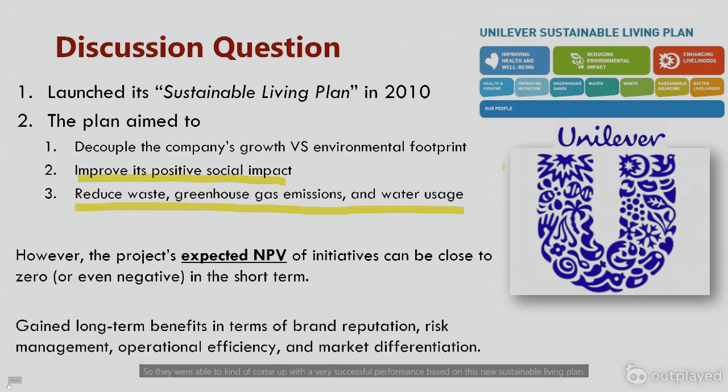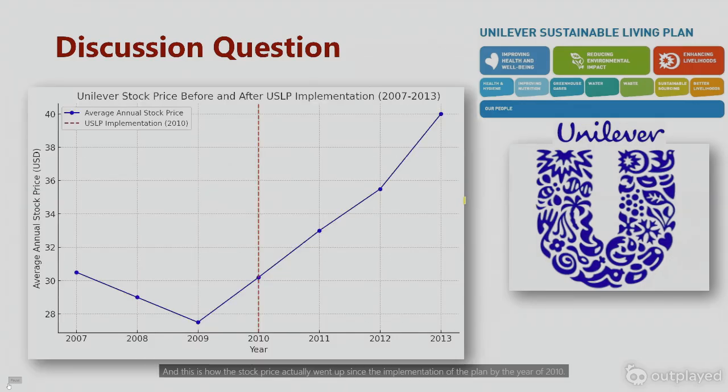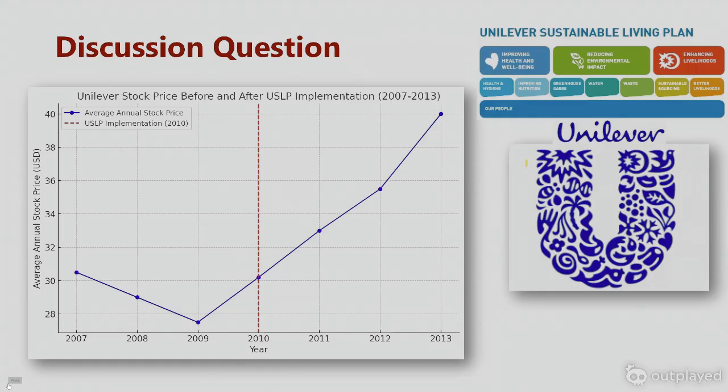They were able to come up with a very successful performance based on this new Sustainable Living Plan. And this is how the stock price went up since the implementation of the plan in 2010. You can see the stock price of Unilever actually went up, right?